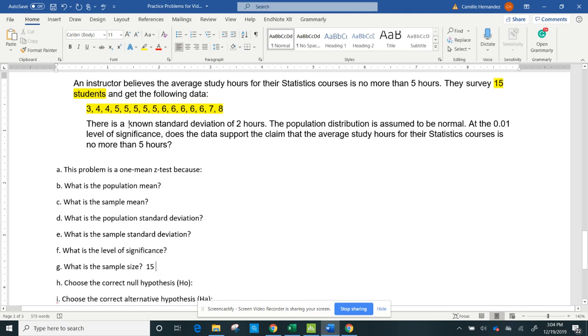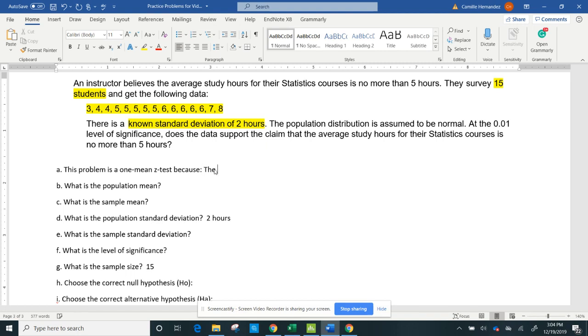I have a known standard deviation, and we've talked about that. So that really is another way to say population standard deviation. So I can go here and hit 2 hours. And the wonderful thing is because I have a population standard deviation, I know without a doubt this is a one mean z-test.